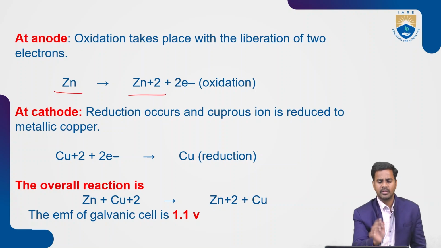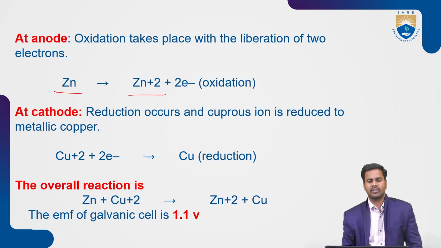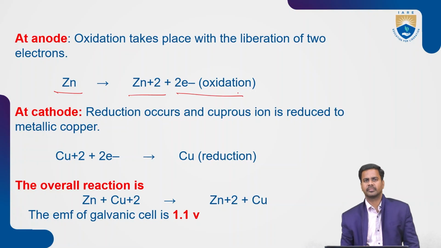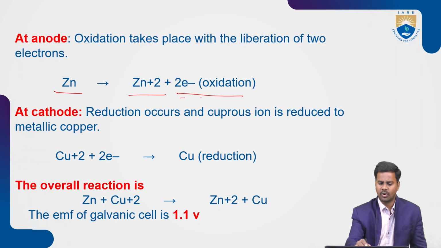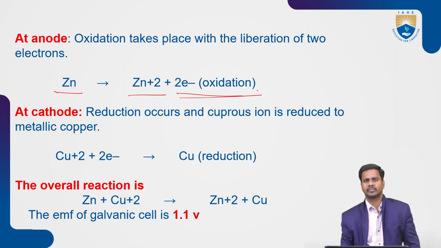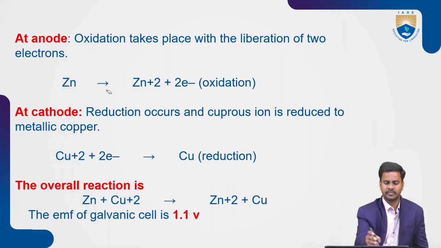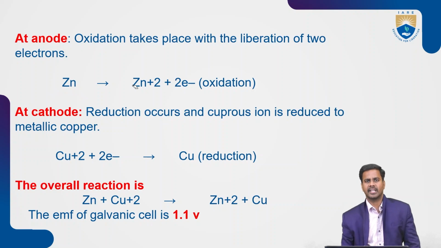So metallic zinc is converted into zinc ion at the anode by releasing electrons. A reaction in which electrons are released is an oxidation reaction. So we can say that at the anode oxidation takes place and electrons are released.